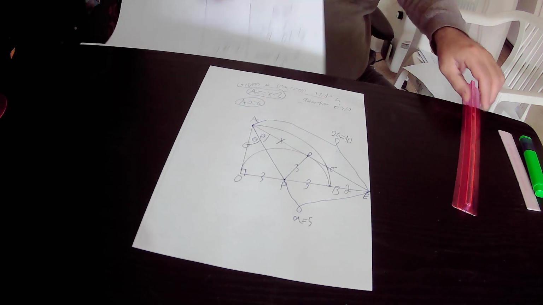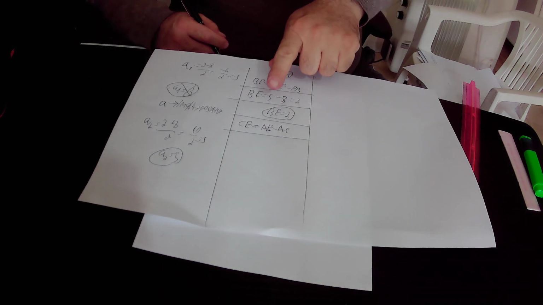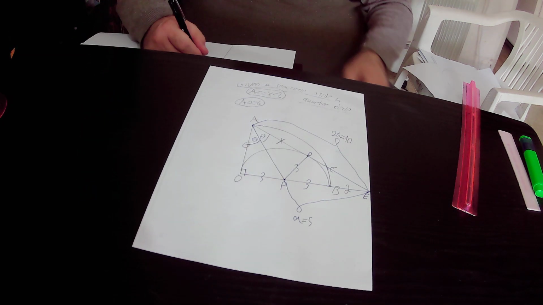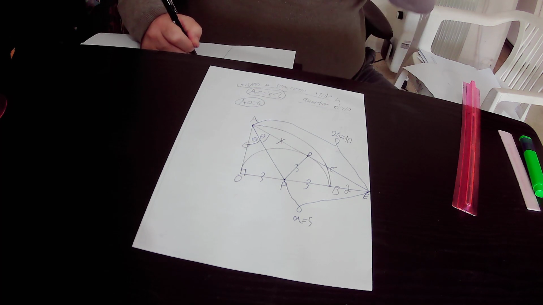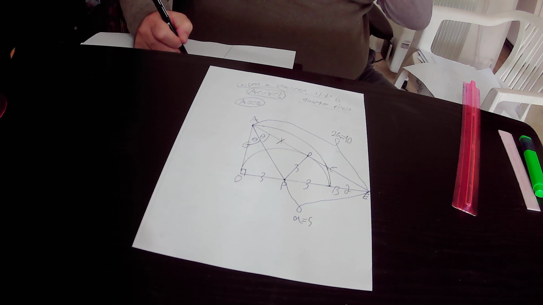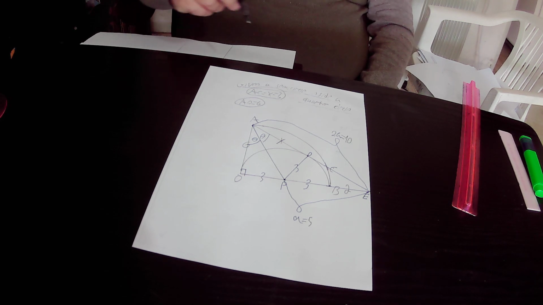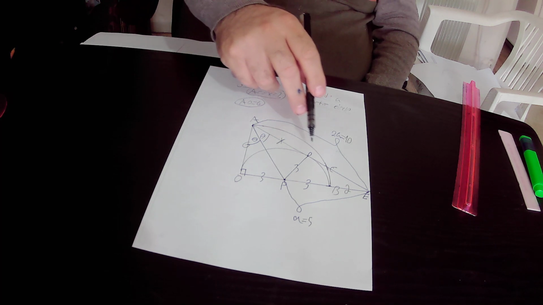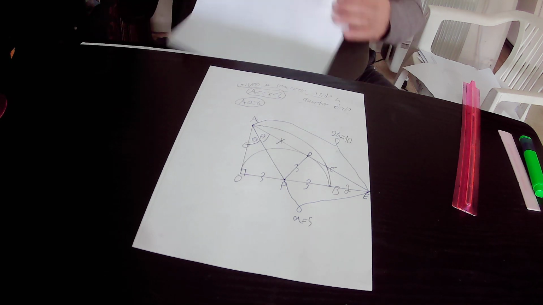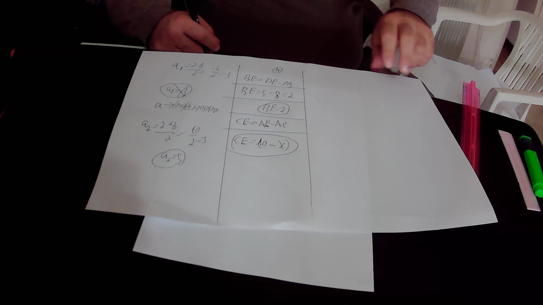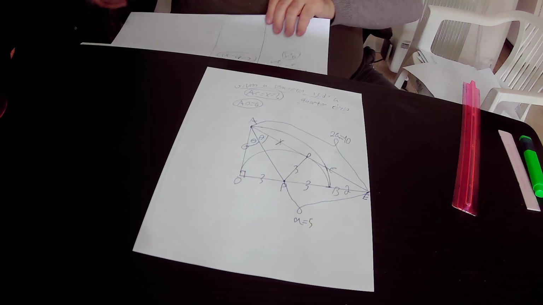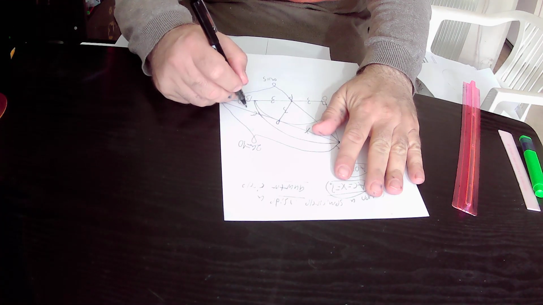I repeat again that from the drawing it is very easy to see that CE equals AE minus AC. AE equals 10 units. This is 2a, and 2a equals 10. AC equals x, it is the line segment that we are looking for. So in conclusion, we found out that CE equals 10 minus x. Okay?